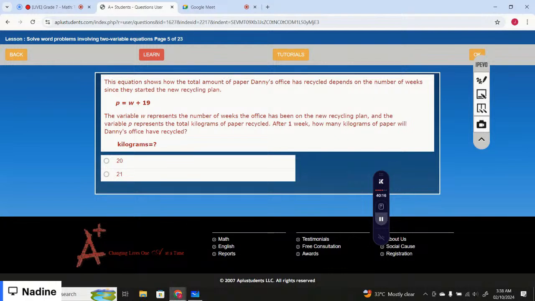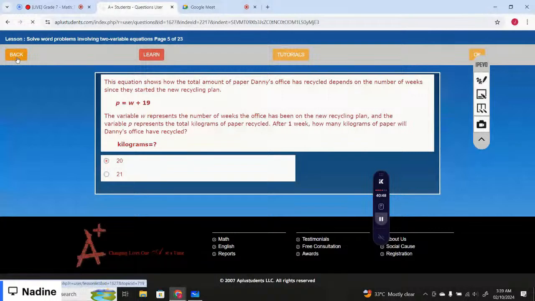So when you replace W with 1, which is the correct option? Yes, 19 plus 1 is 20. So 20 kilograms, right?